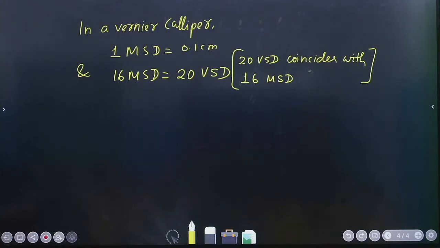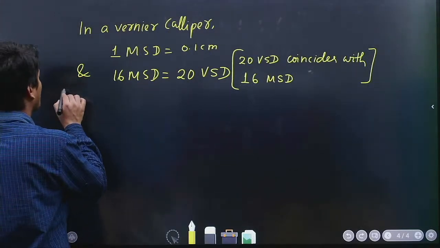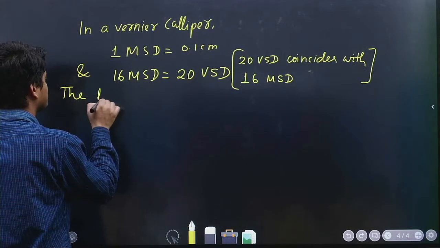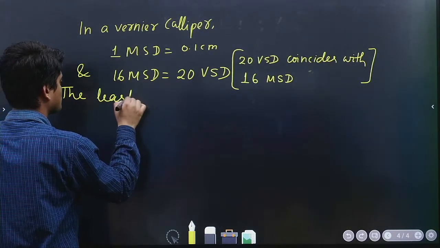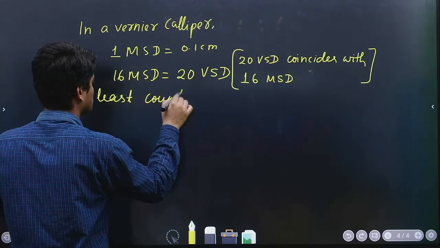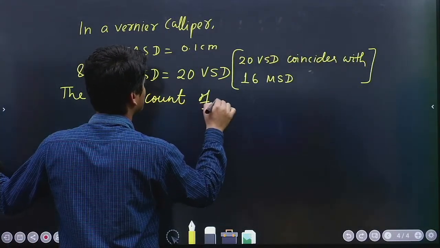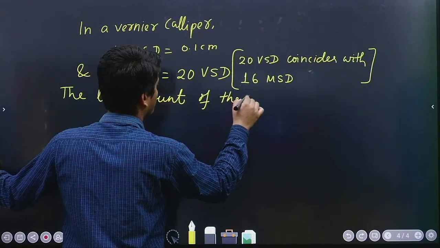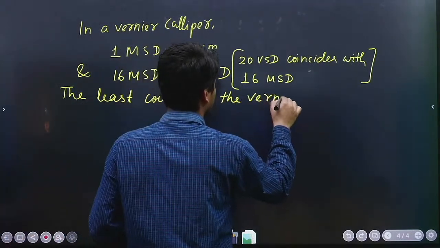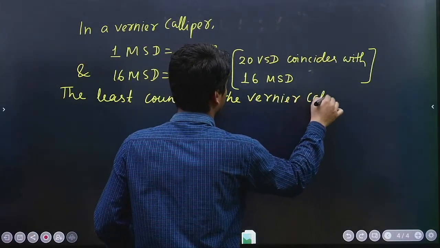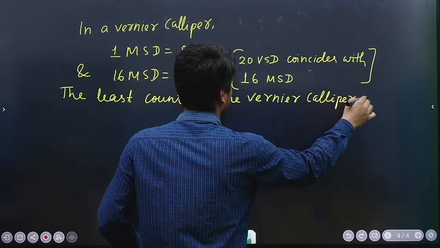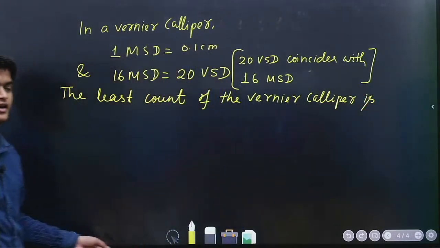Yes or no? So like that they will tell. Now the least count you find. The least count of the vernier caliper is how?